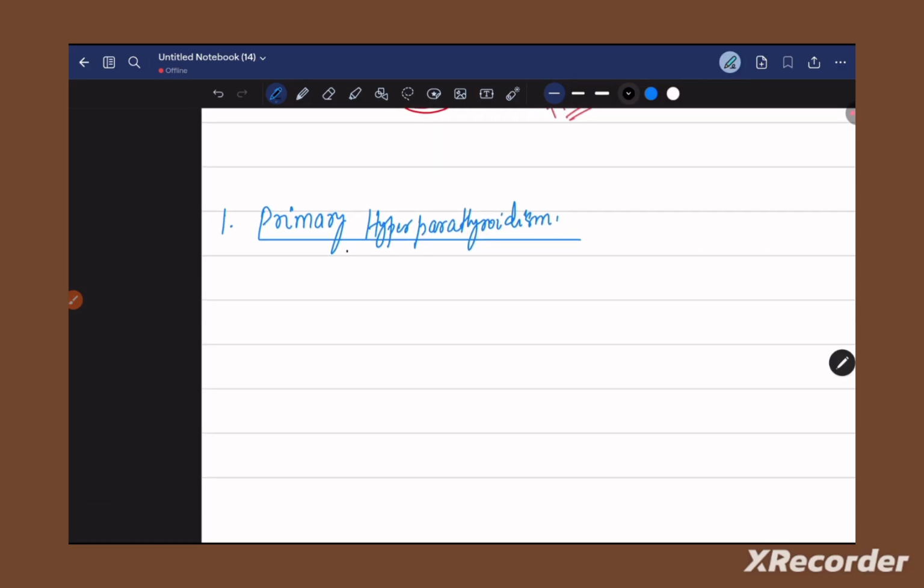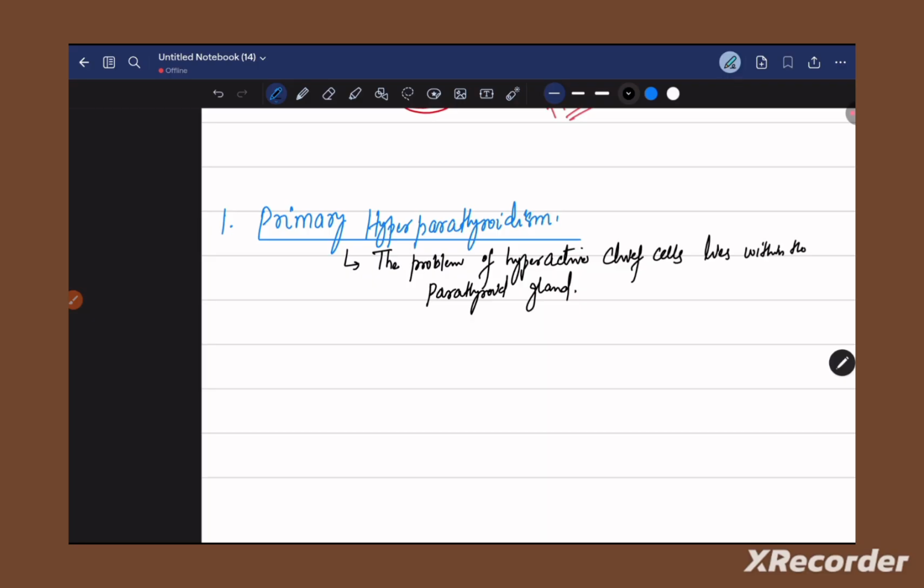Here in primary hyperparathyroidism, the problem is hyperactive chief cells, which lie within the parathyroid gland. Okay, means the problem is in the parathyroid gland.